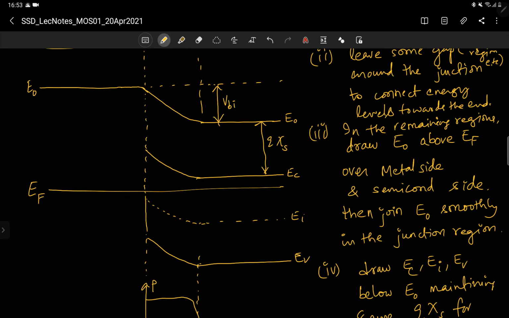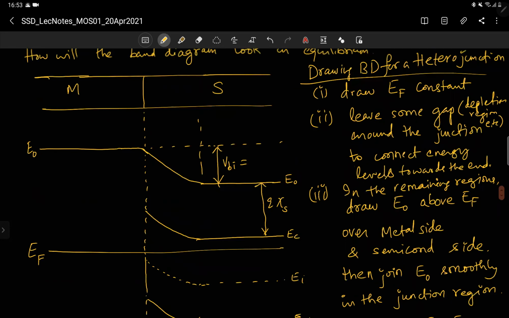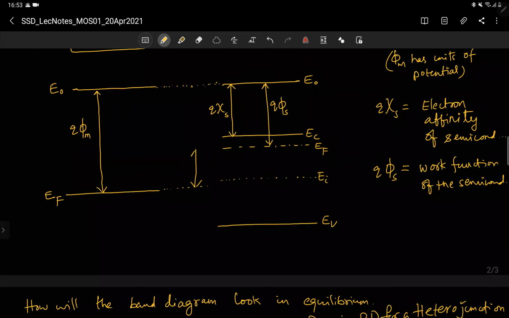Okay, and what is this value that we have to see? This value is simply how much the EF has moved down. That much this E0 has moved down. So how much EF moves down can be seen from this difference, because the EFs should merge. So this is the difference between the EFs. That much EF comes down, and to the same extent E0 comes down, and the variation of E0 is nothing but variation of potential, and that is the built-in potential. So what is the difference here? It is q phi m minus q phi s.